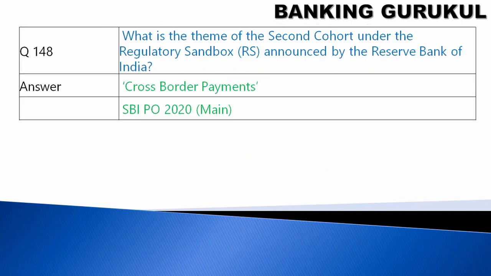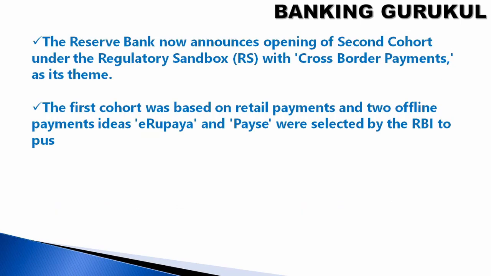What is the theme of the second cohort under the regulatory sandbox announced by the Reserve Bank of India? The sandbox will be used for cross-border payments testing. The Reserve Bank has announced opening a second cohort under the regulatory sandbox with cross-border payments as its theme.